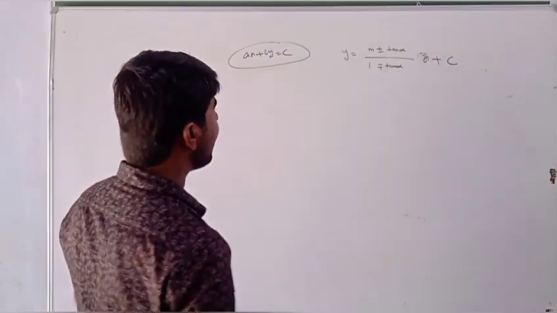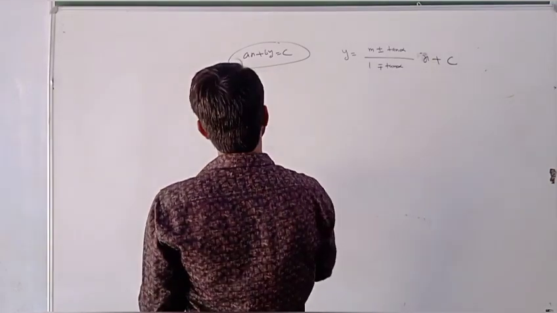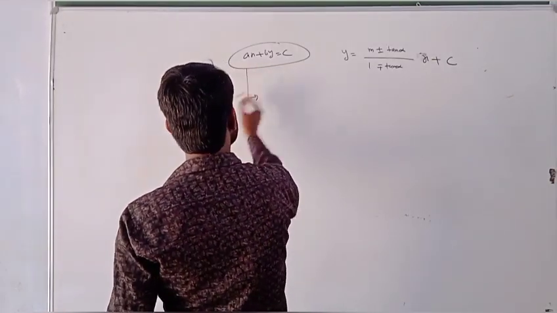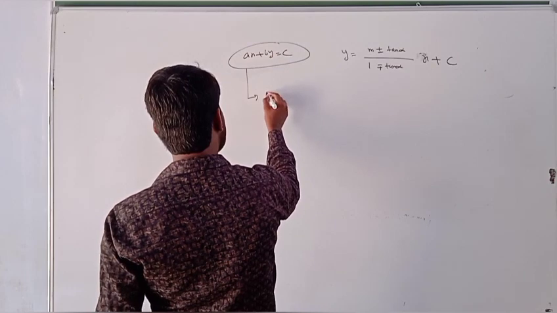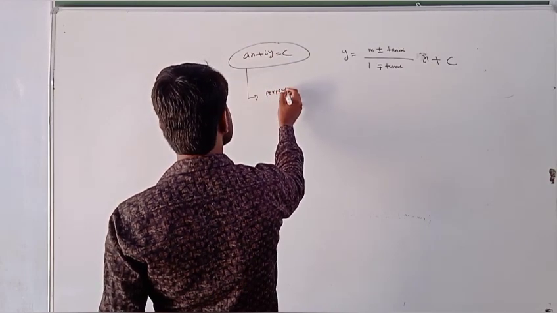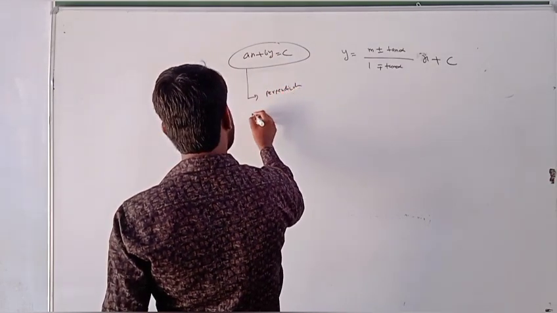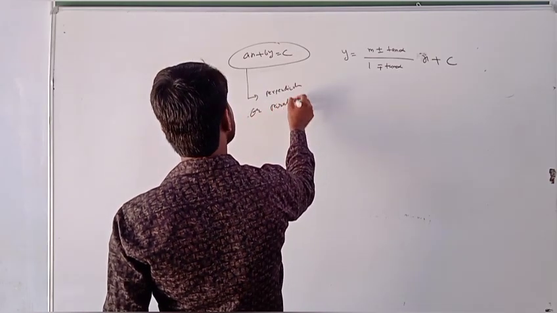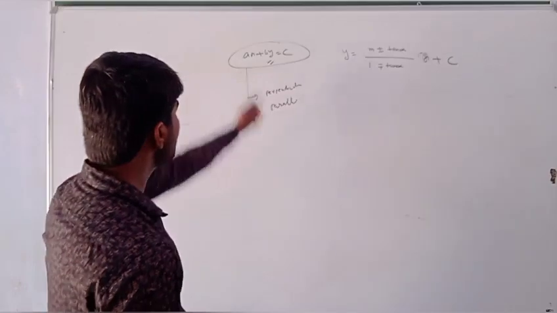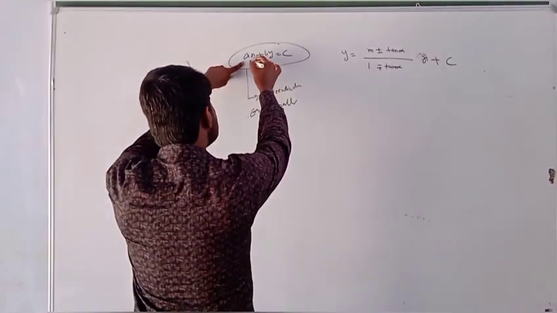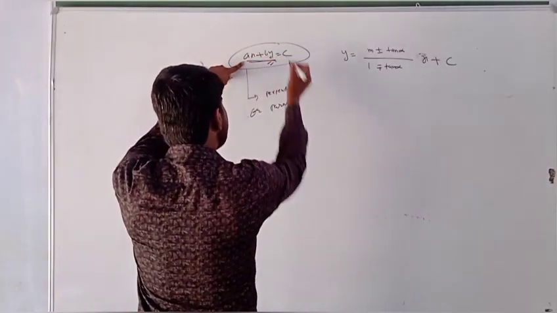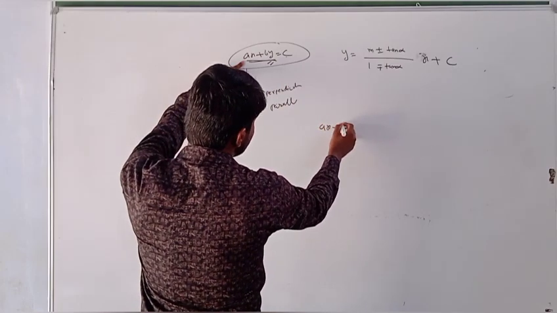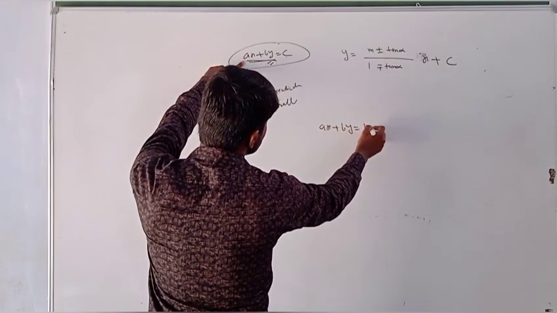Okay, and you want to find the equation of the line which is parallel and perpendicular to the given line. So the equation which is parallel to this line will be ax plus by equals k.